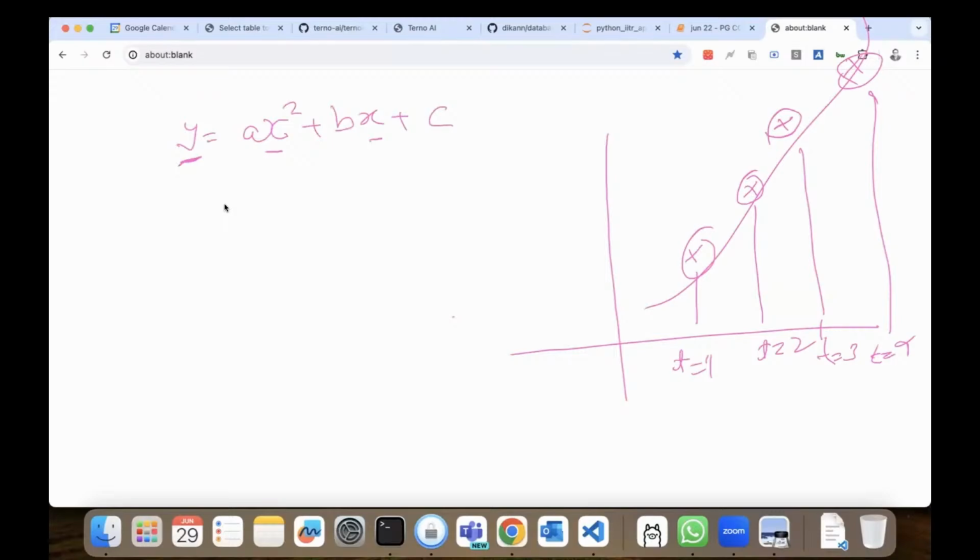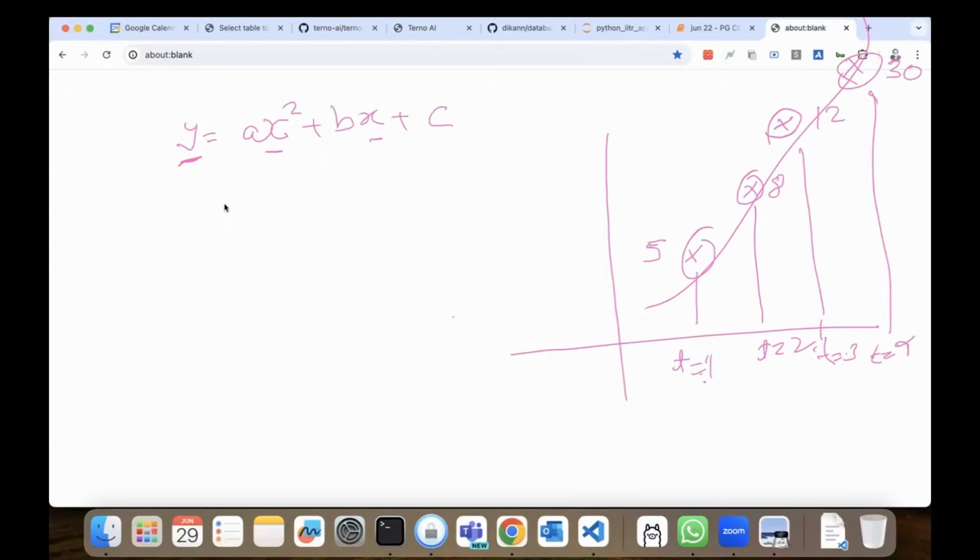Say you are given that at time equal to 1, the traffic was 5. At time equal to 2, traffic was 8. Time equal to 3, the traffic was 12. At time equal to 4, traffic was say 30. This is the data you have: 5, 8, 12, 30.